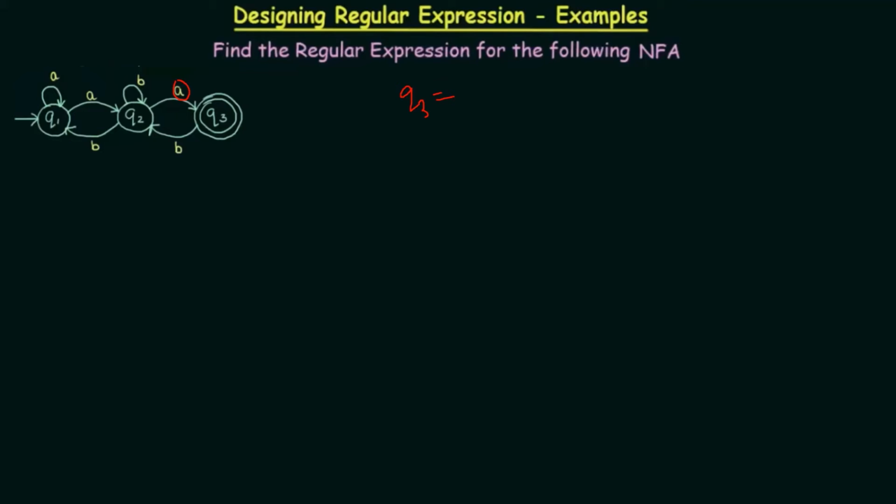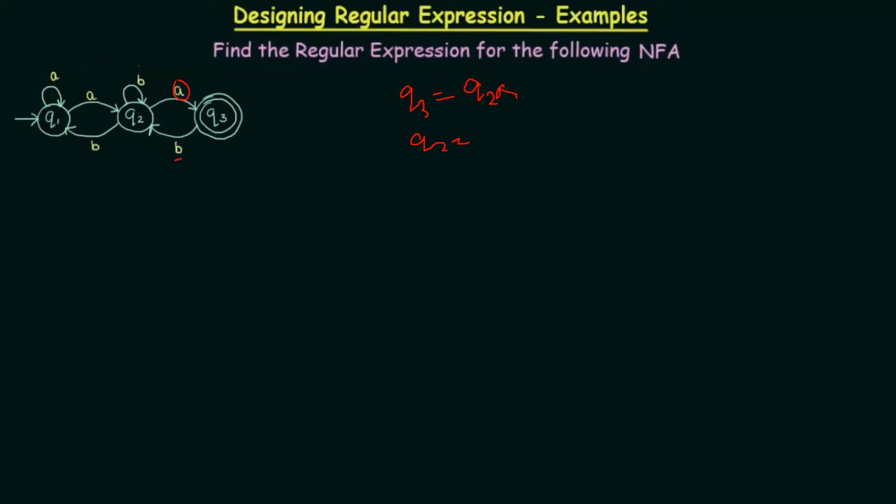All other things are outgoing, so we cannot take outgoing into account. We just have to take the incomings. So the incoming is Q2. Next we have to use the same thing for Q2.